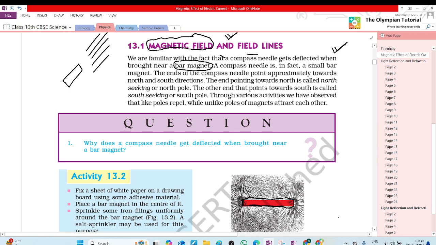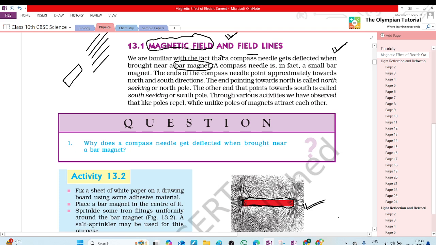You remember in 7th and 8th standard we studied about the bar graph. Yes, ma'am, even in ninth we did bar graph. So bar means related to rectangular shape. So a bar magnet is like that.